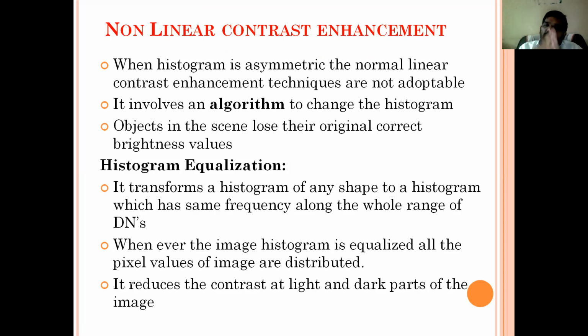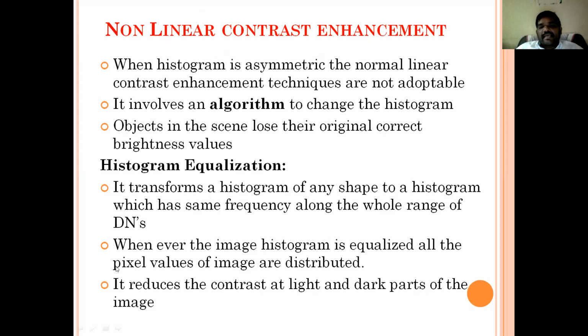Here you know what is histogram and what is equalization. By seeing the words, you may have a general idea of what we are going to discuss. Then why are we adopting this? When the histogram is asymmetric, we adopt this. How can we perform this? By using an algorithm and formula, we can change the histogram properties.